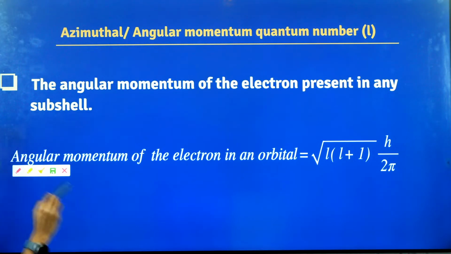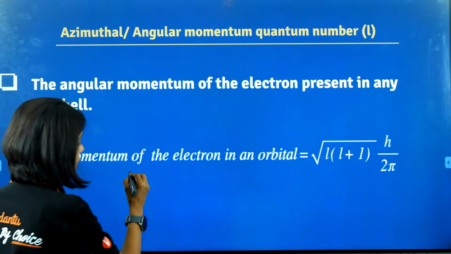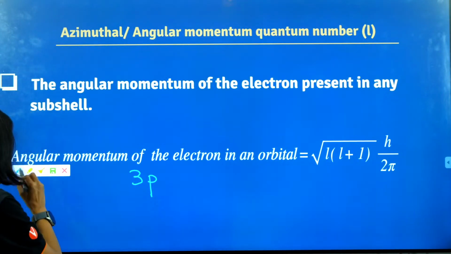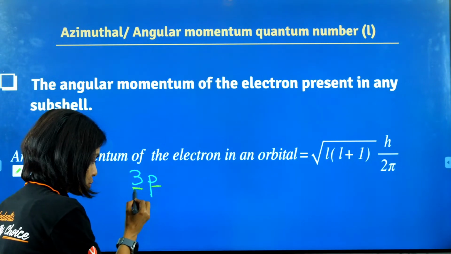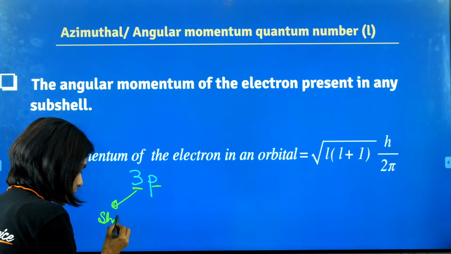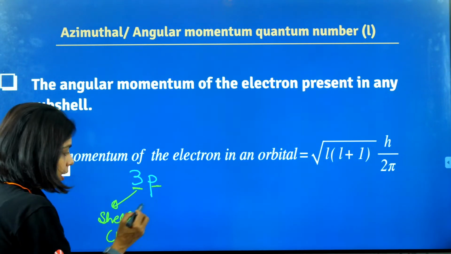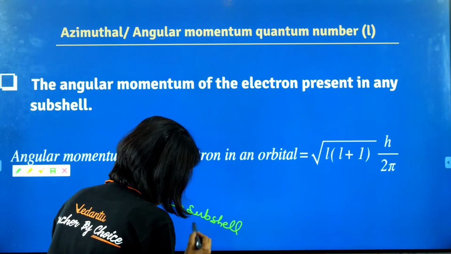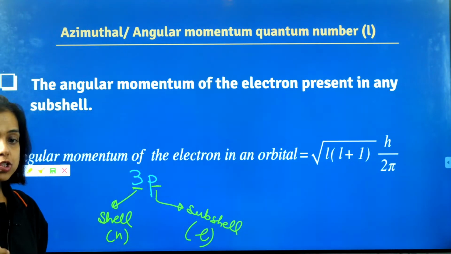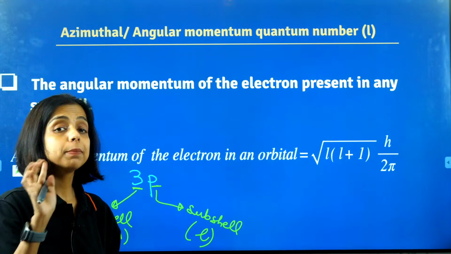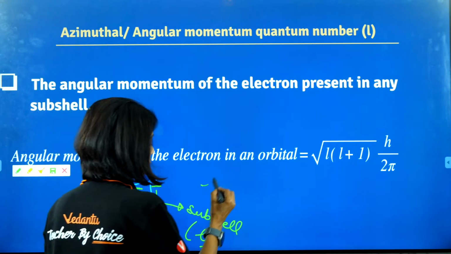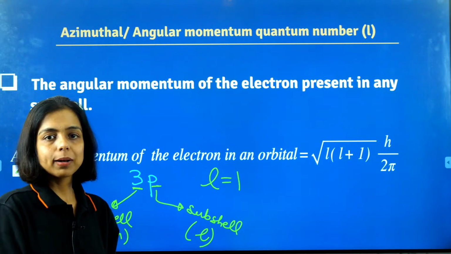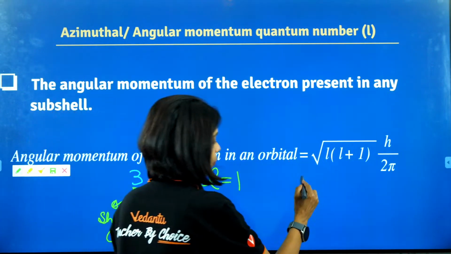For example, my electron is present in 3p. That means third shell and P subshell. This number tells you about the shell, the principal quantum number n, and this tells you about the subshell, that means this is the angular or azimuthal quantum number. So your electron is present in P subshell. Now for P, L value is 1. L 0 means S, L 1 means P. Now put the value.